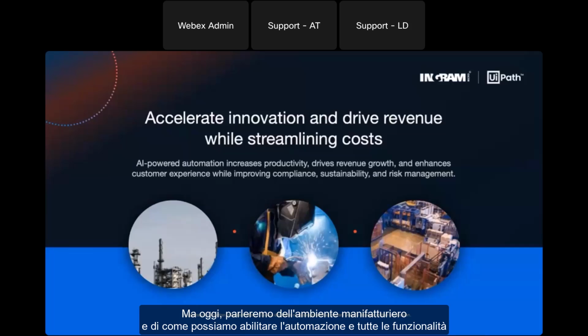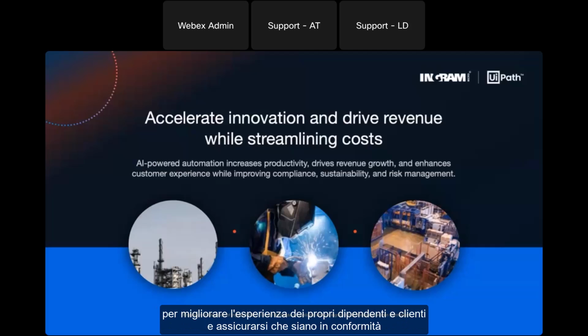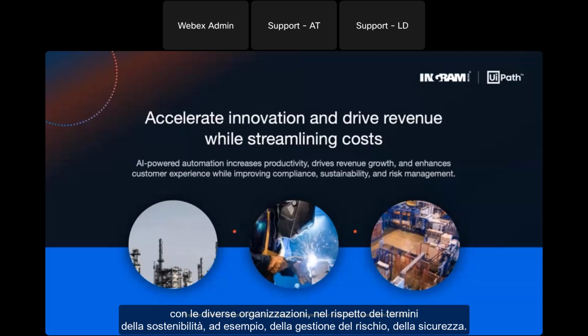And how we can enable the automation and all the capabilities around automation that UiPath brings to the table for our customers in terms of driving productivity, revenue growth, to enhance their employee and customer experience, and making sure that they are in compliance with the different organizations in terms of sustainability, for example, risk management, security.